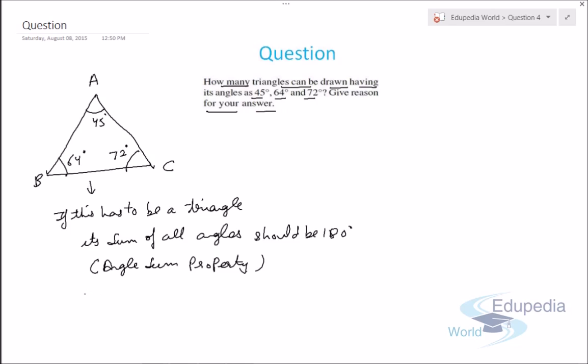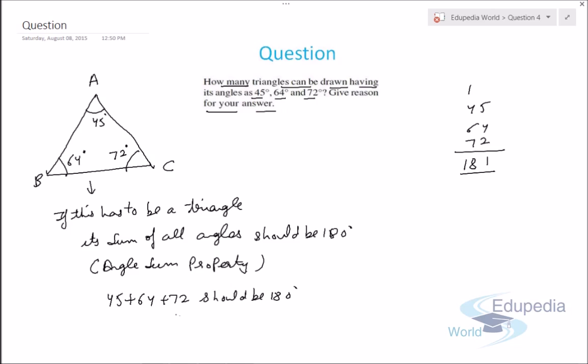According to the angle sum property, 45 plus 64 plus 72 should be 180 degrees. Now if we add 45, 64 and 72, it comes out to be 181.